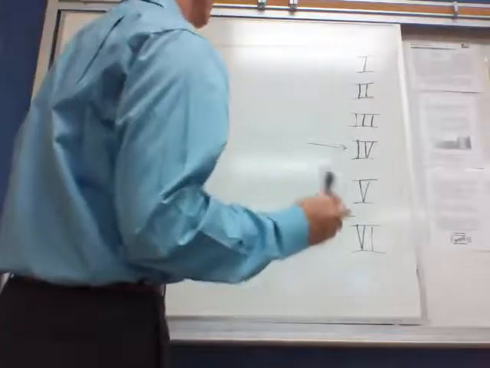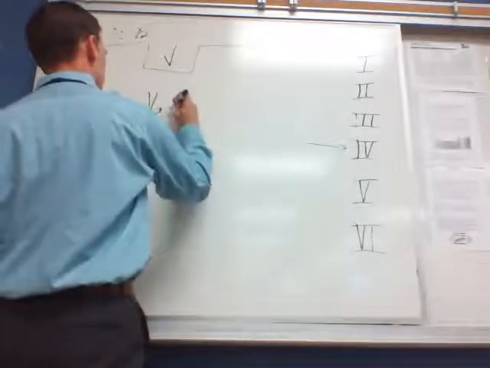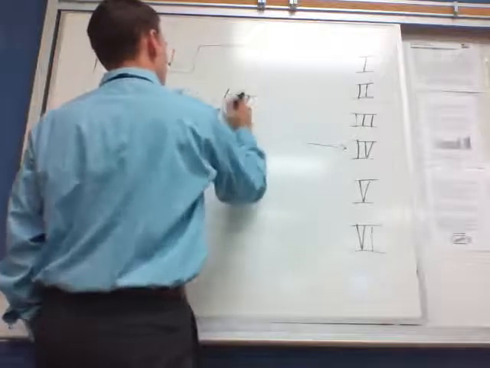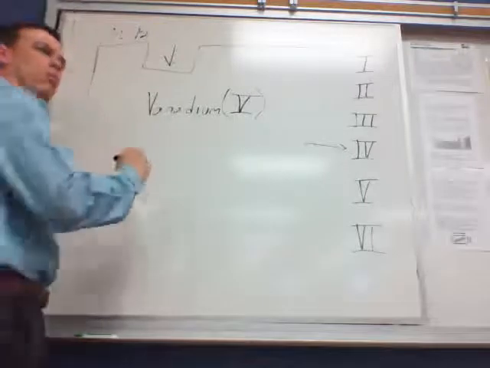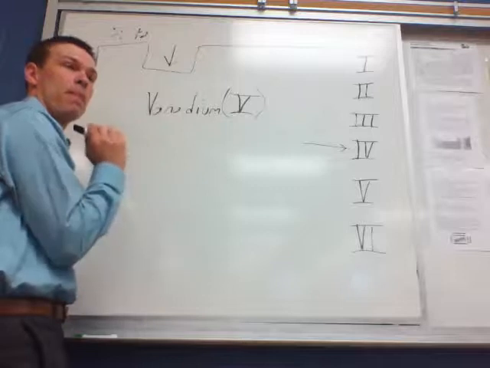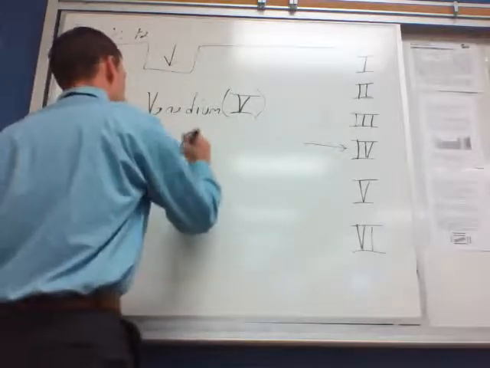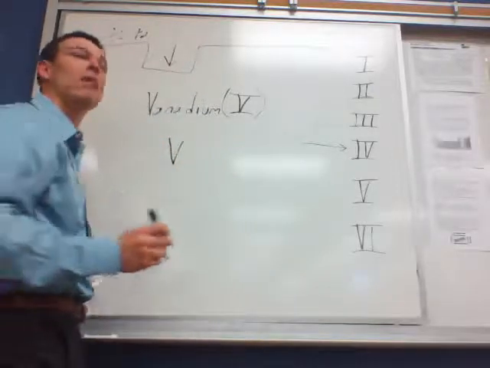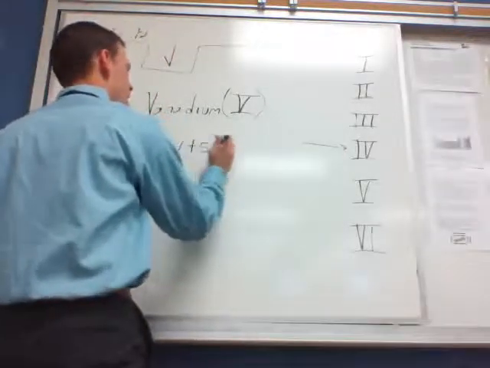So with that in mind, how would I write that in its ion form? What's the symbol for vanadium? A V. What is this vanadium's charge? +5. Look at the difference here. +5.